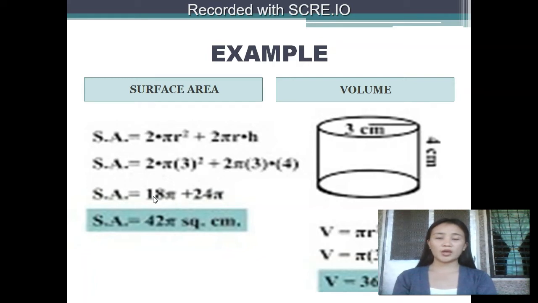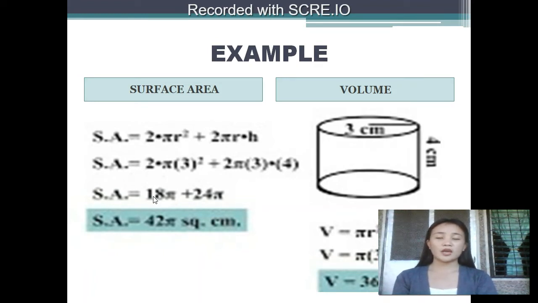Then let's proceed to the surface area. For the surface area, we have SA is equal to 2 pi r squared plus 2 pi r h. What we are going to do first is just to substitute. SA is equal to 2 pi times the quantity of 3 squared plus 2 pi times 3 times 4.